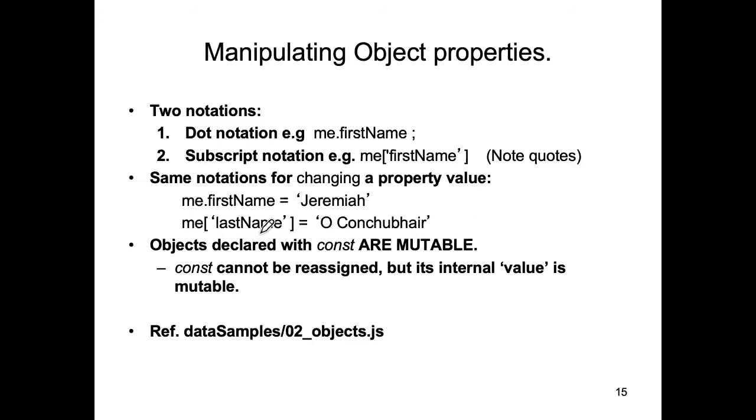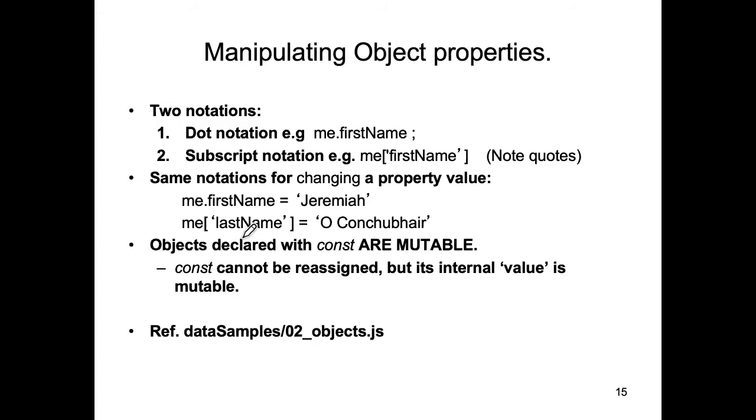Alright, here's one of the catches with const. I'm saying objects declared with const are mutable. Now, the impression I gave when I started talking about const first is that if you declare a variable using const, then what you're saying is it cannot be reassigned a different value. That still applies. However, if the value that you are assigning to your variable is an object, then the particular key value pairs within that object can be changed or mutated, even for a variable that's declared with const.